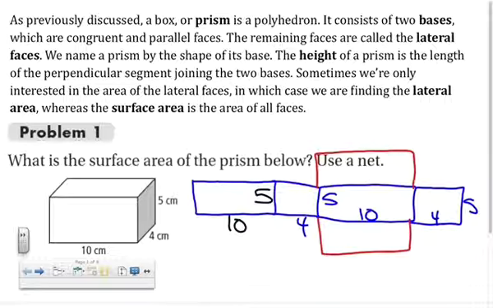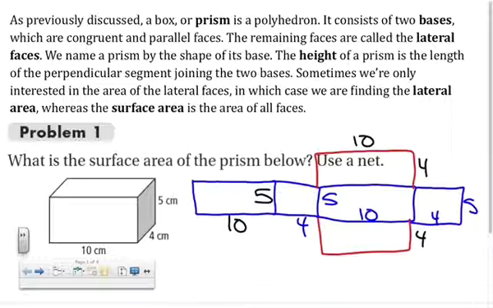The main thing you want to be mindful of is that the number of faces in the polyhedron is always the same as the number of faces in the net. If you're looking at 5 rectangles, that's incorrect because we have 6. So make sure you have all 6 faces represented. The top and the bottom, once again, will be 10 by 4. So this one is also 10 by 4.